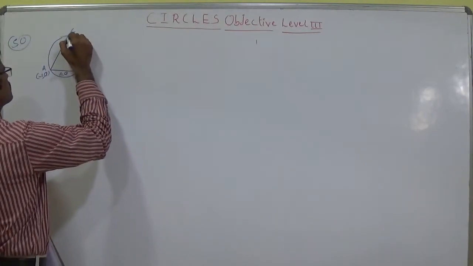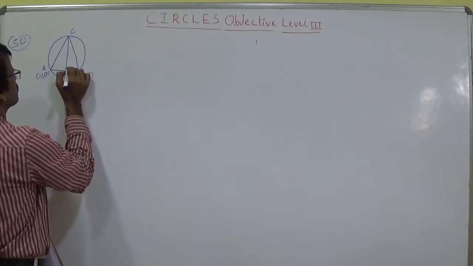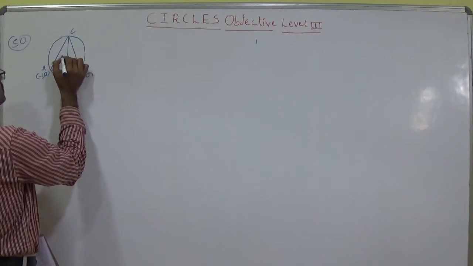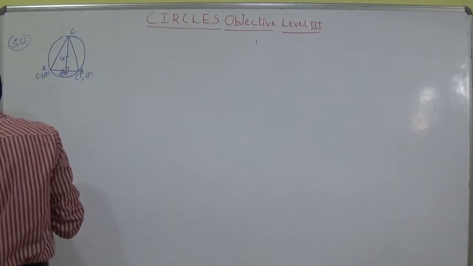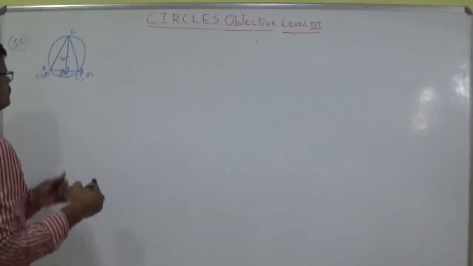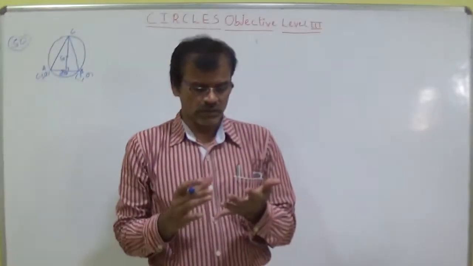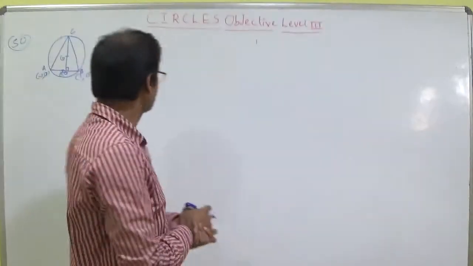Put like this. Draw the height. This is an equilateral triangle. This is D. Put this as G. In an equilateral triangle, centroid, circumcenter, incenter and orthocenter are the same.